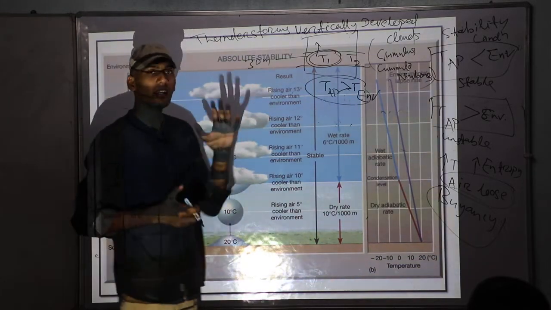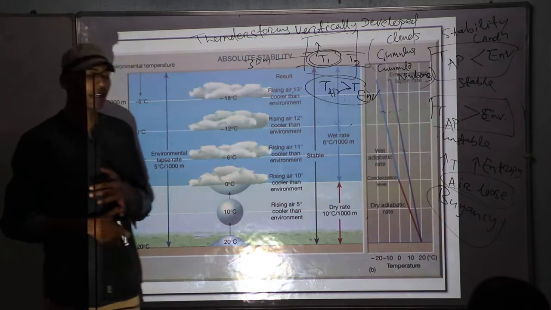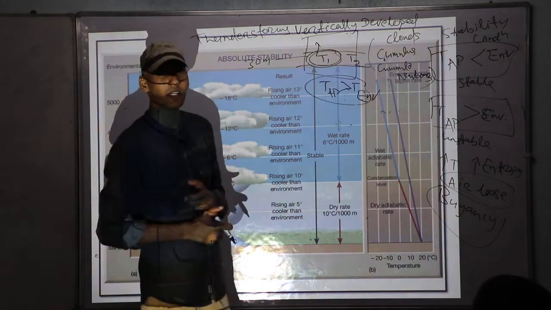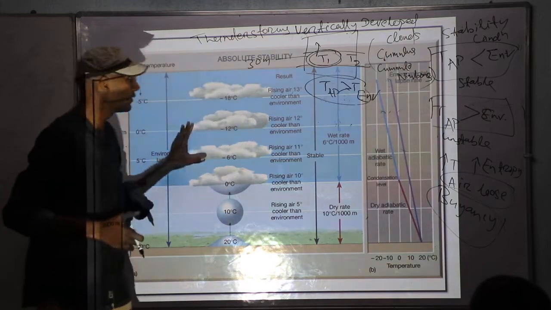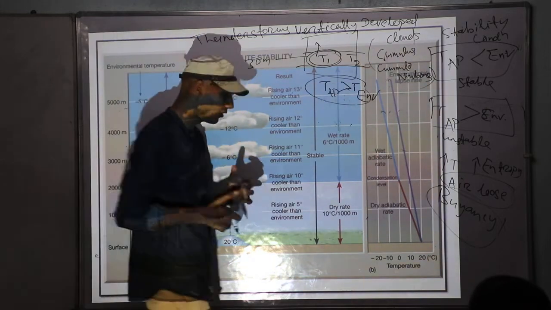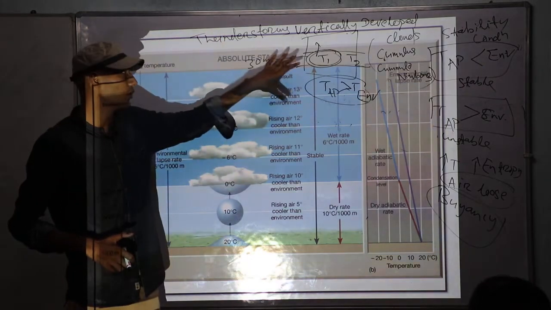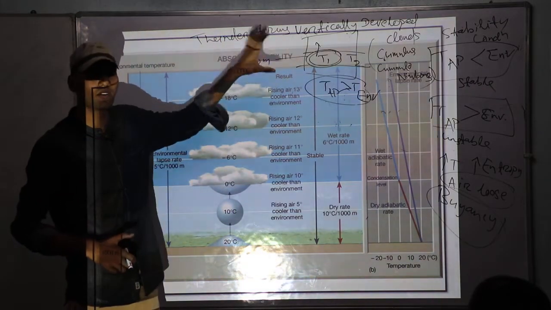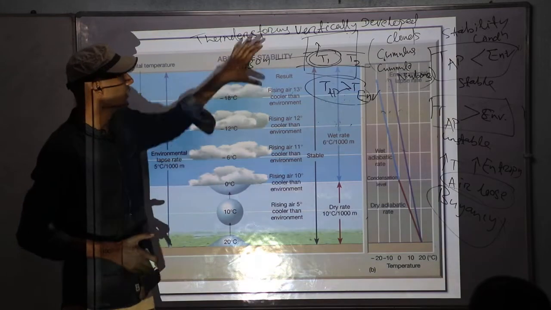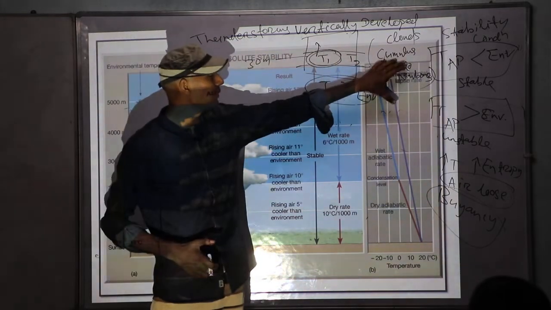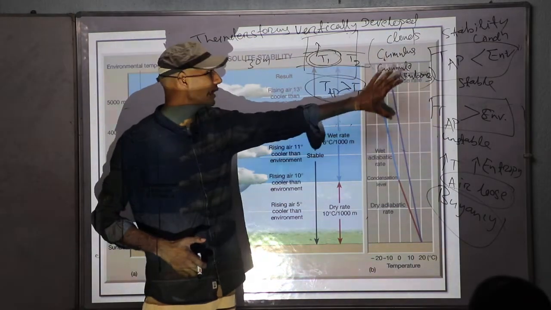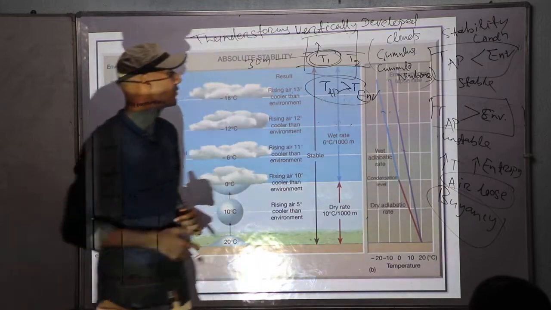Okay, that doesn't mean in stable atmosphere we are not getting rain. In stable atmosphere there is precipitation. We are going to discuss how there will be precipitation. But in unstable atmosphere there are severe atmospheric conditions like thunderstorms and hurricanes, etc. Right. So in that case, they will lead to development of vertically developed clouds or cumulus or cumulonimbus clouds.